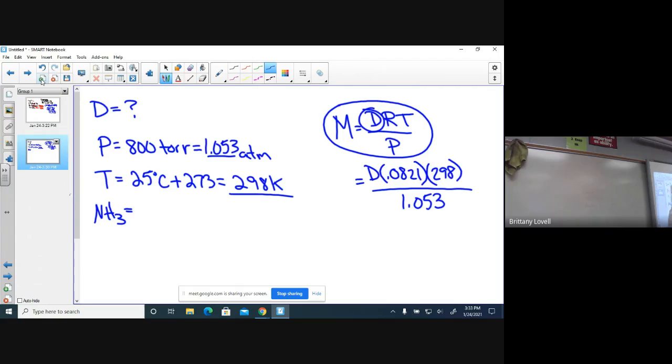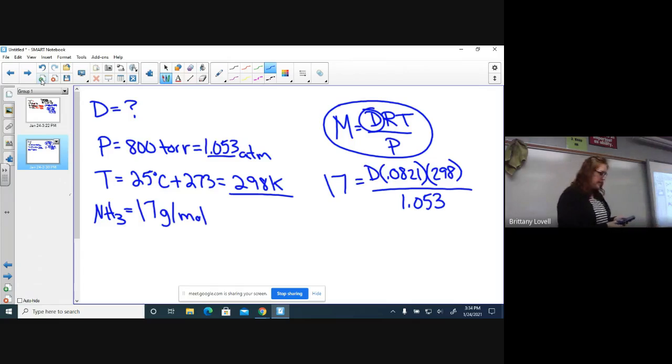And now we need that M, the molar mass. Well, that's just what you think it is. You look at the periodic table and find the molar mass. 1 nitrogen plus 3 hydrogens is about 17 grams per mole. So we know ammonia is about 17 grams per mole, and I'm going to plug that in right there.